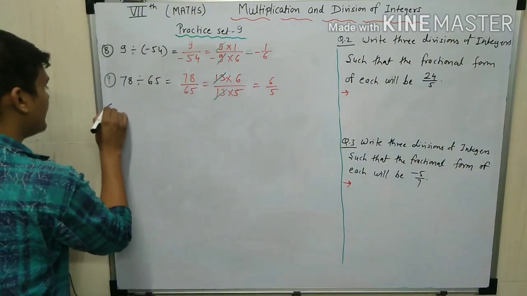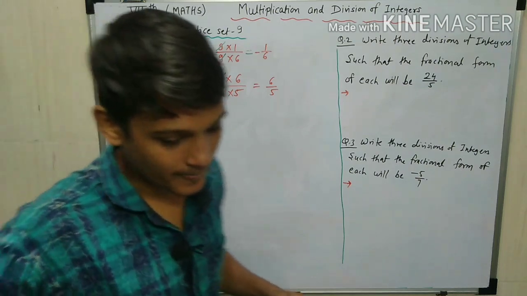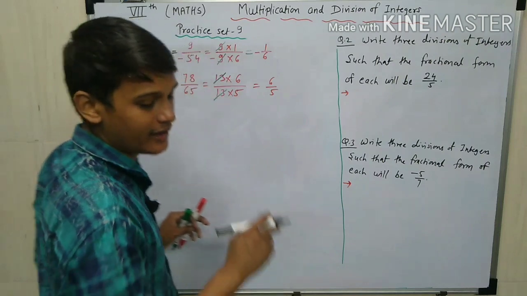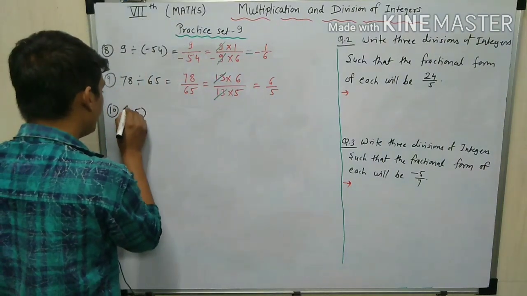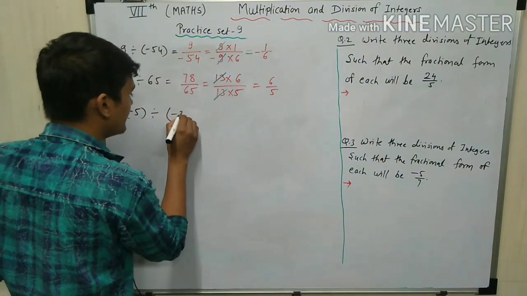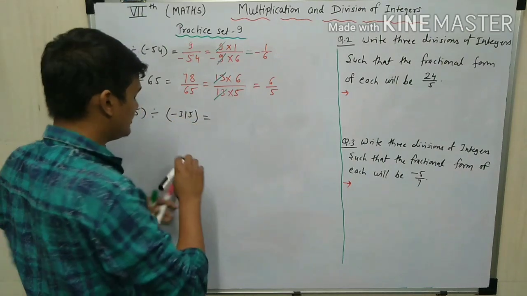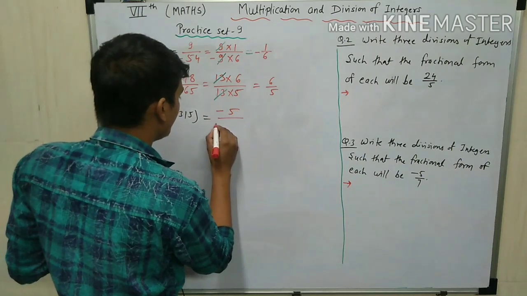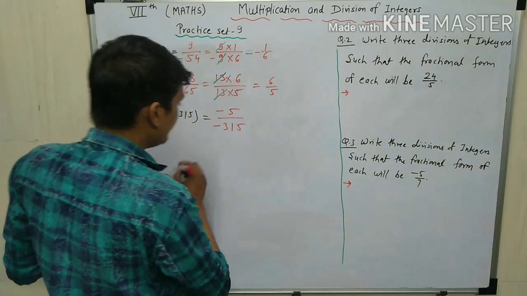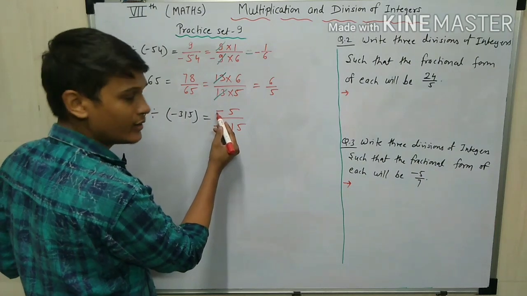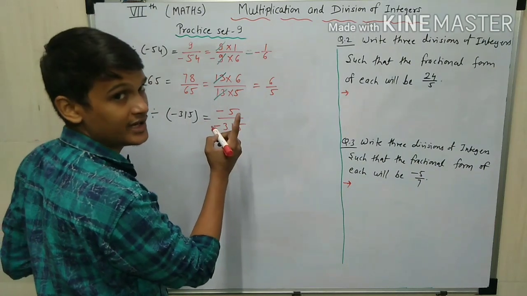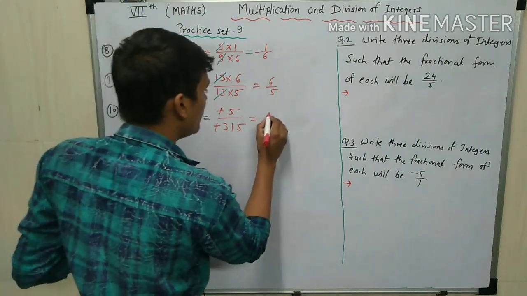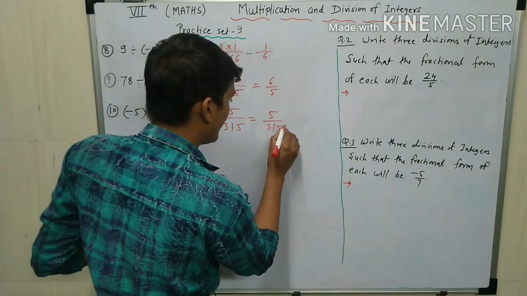Now the 10th question is minus 5 divided by minus 315. We can first write minus 5 upon minus 315. One negative integer and a second negative integer, the quotient is positive, this is a positive number, is equal to 5 upon 315.